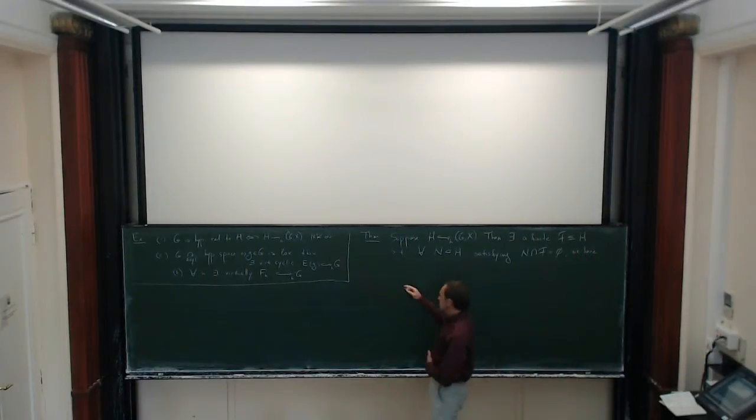and now there is a list of statements. The first statement is the so-called congruence extension property.